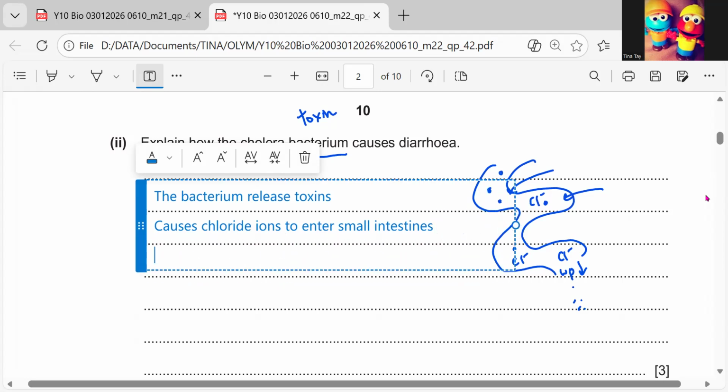Okay, this lowers the water potential in the small intestines, and water will enter the small intestines by osmosis. Okay.